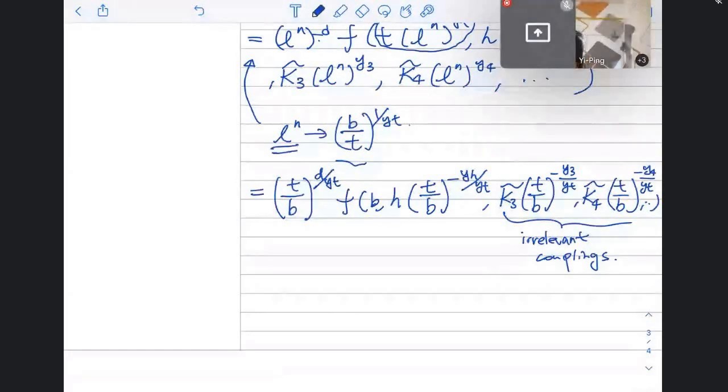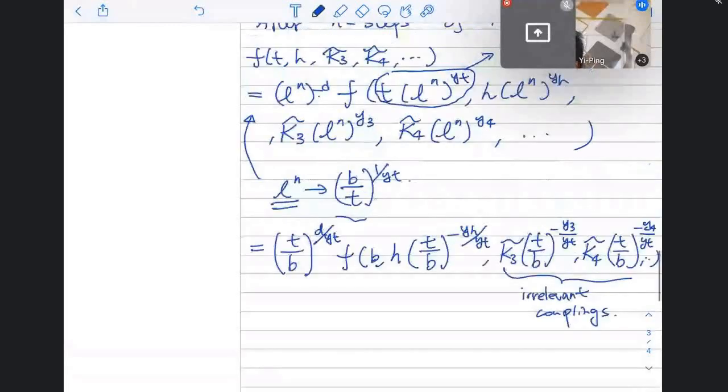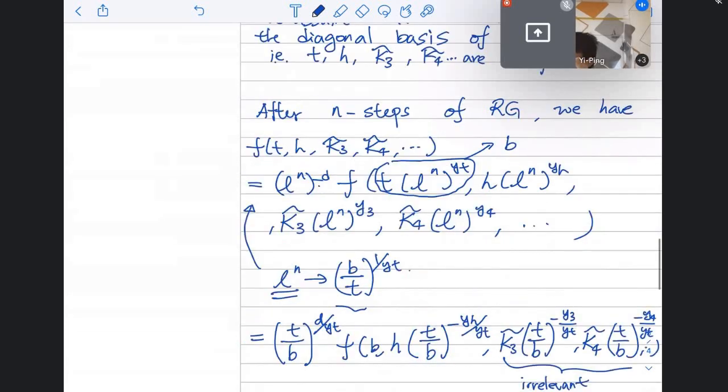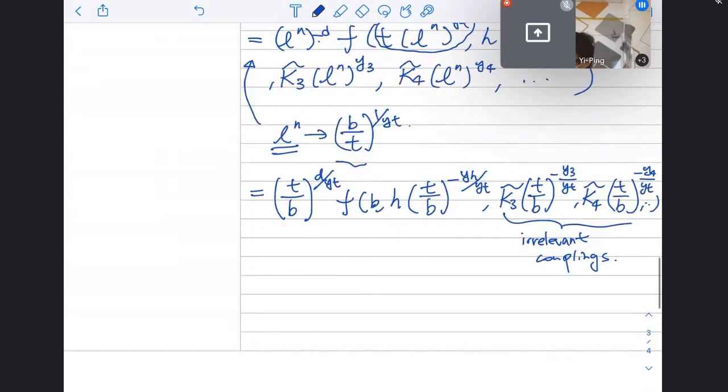As we know, y3 and y4 are basically smaller than 0. So we take a look at this expression. The exponents of these irrelevant couplings will basically be greater than 0.